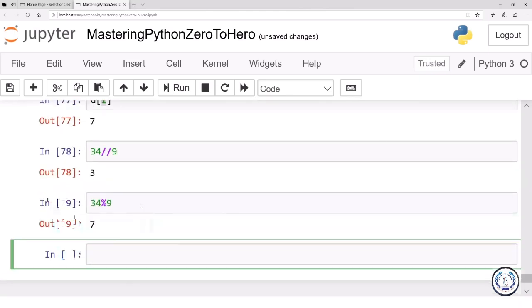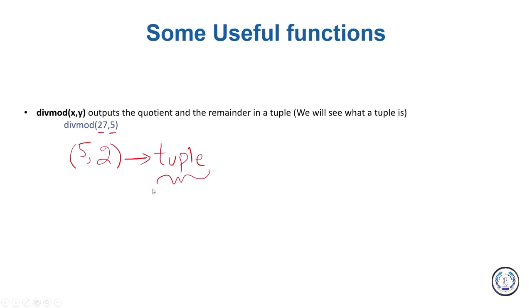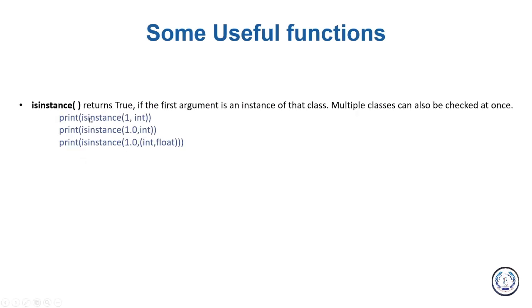There are multiple ways of doing the same thing. Sometimes it is useful when you're coding to know this kind of function that returns quotient and remainder.